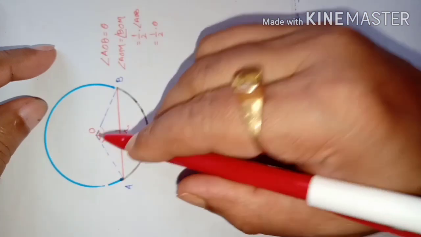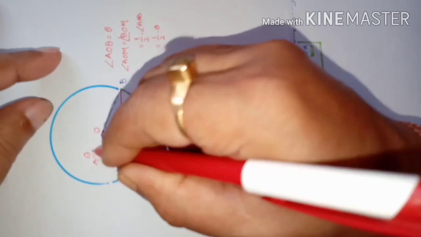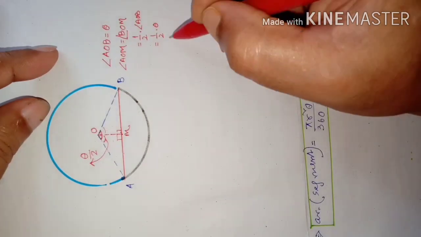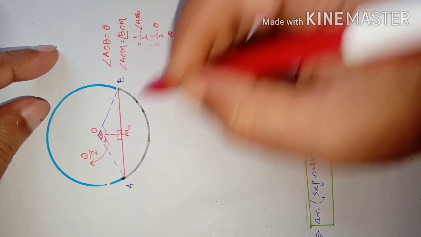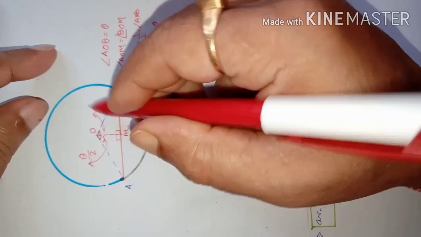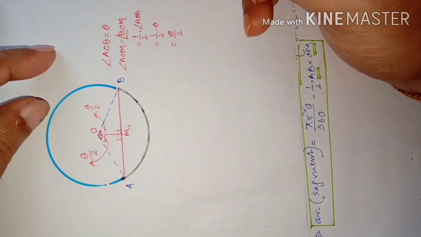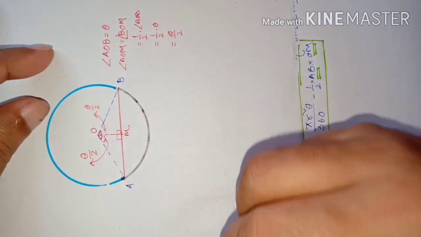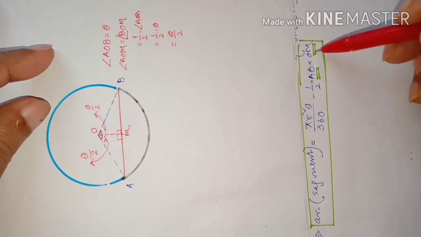This angle will be half of theta, or theta by 2. You can write this as theta by 2. This angle is also theta by 2. You understand? Now, what is our target? Our target is to know length of AB and length of OM.